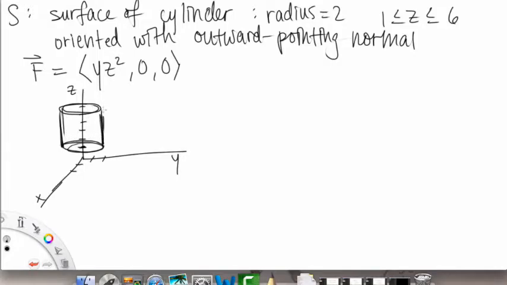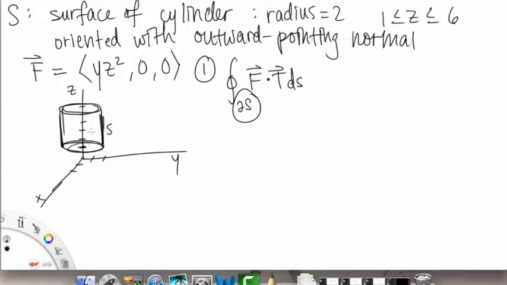First of all, we're going to prove the left side of our equation. So part 1 was finding the line integral over the boundary of the surface of F dot T ds. In this case, we have to figure out what is the boundary of S. S is everything, top, bottom, everything.